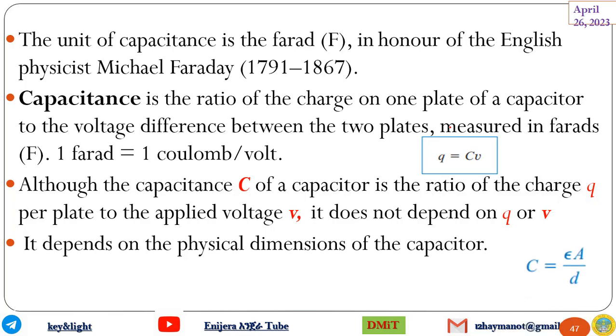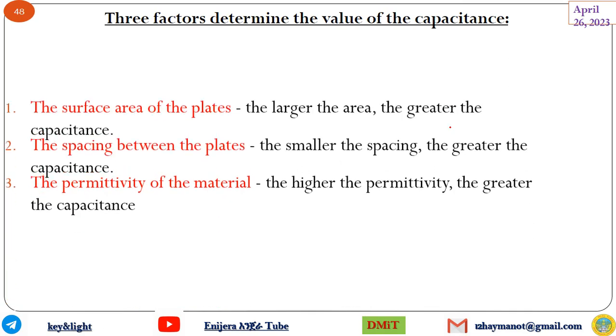C is equal to the permittivity of the dielectric times area divided by the distance between the plates. Area increases, capacitance increases, since its storage is more as the area increases. If the distance between the plates increases, the capacitance decreases.